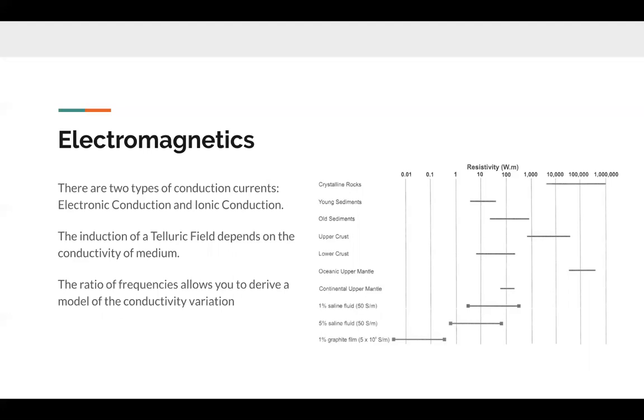There are two types of current conduction, electronic conduction and ionic conduction. The electronic conduction is the dominant conduction mechanism for most solid materials and is therefore governed by absolute temperatures of the material and other parameters.